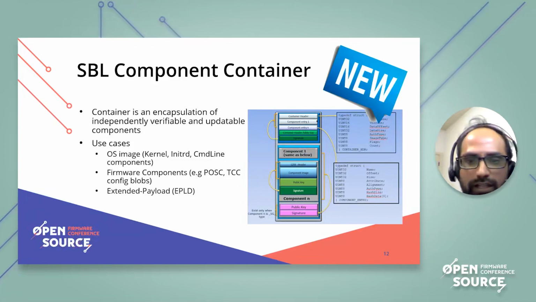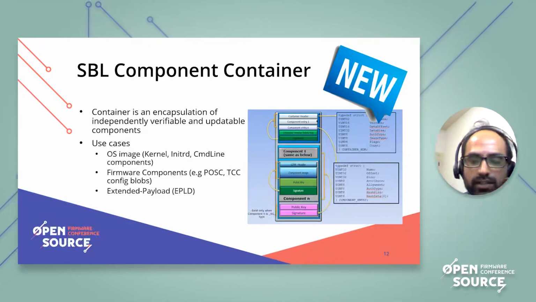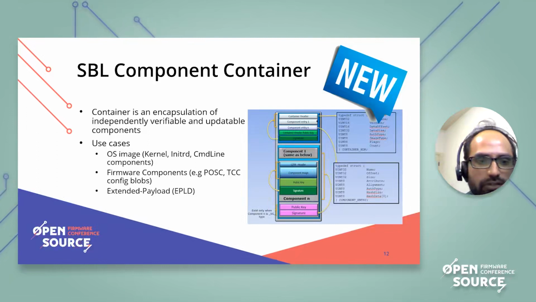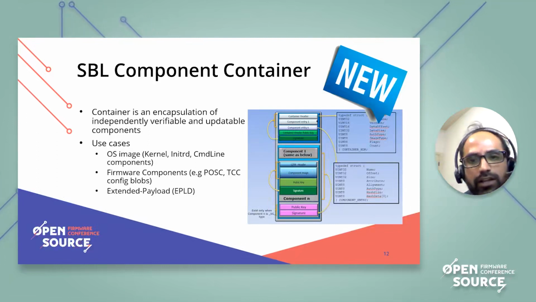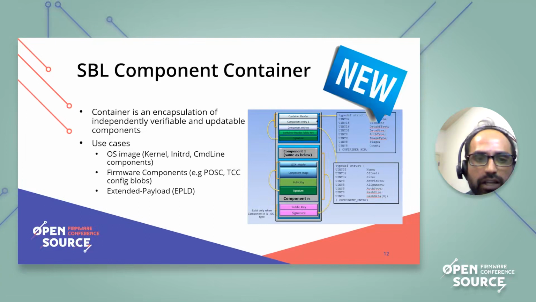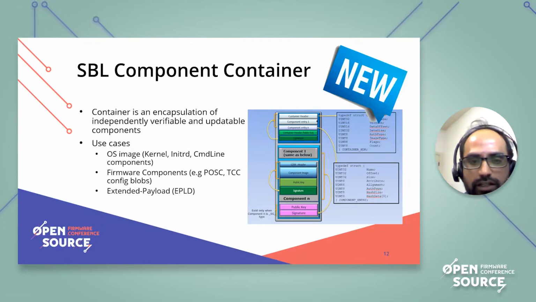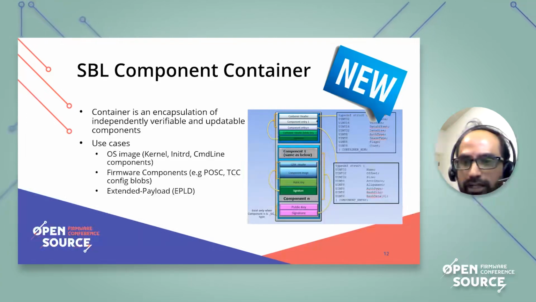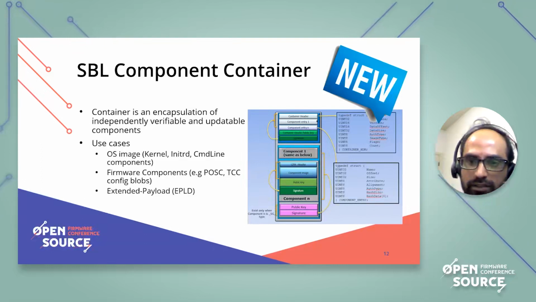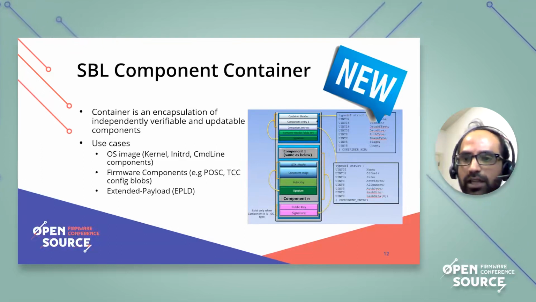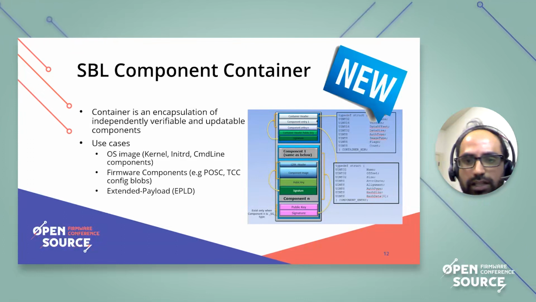Now, if we look at a use case, this makes more sense to us. For example, if we need to verify effectively, an OS image can traditionally contain a kernel and an initrd and a command line. So these three can be treated as three different components. They can be signed in a different way.